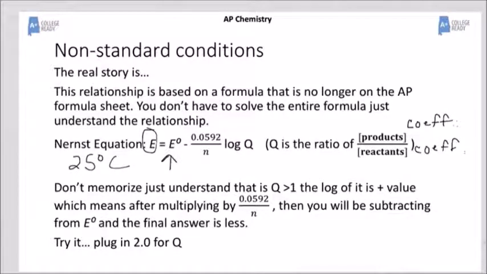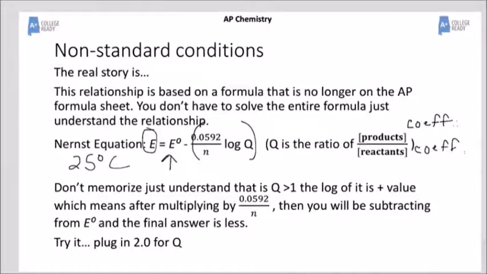So what I was saying was, if Q is greater than 1, if you take the log, that's the logarithm button on your calculator, the log of a number greater than 1 is a positive number. So then when you multiply times 0.0592, divide by the number of moles, that's a subtraction. So if you've gotten the log of Q as a positive number, no matter what math you're doing, you're going to be subtracting this whole term from the standard cell potential.